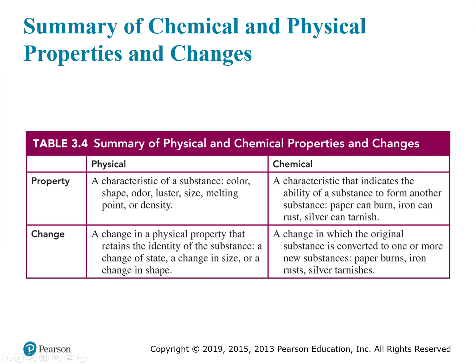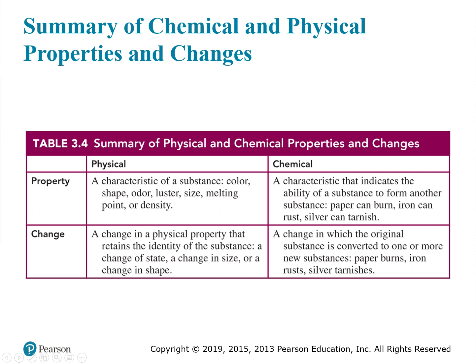When talking about matter, we have to talk about chemical and physical properties and changes. This table summarizes what a property is versus a change when we're talking about physical and chemical properties and changes. It's a great table because you've got examples right here in the chart, along with definitions.